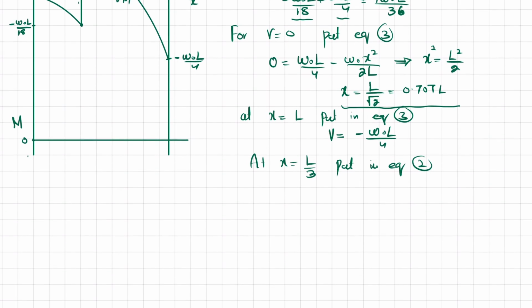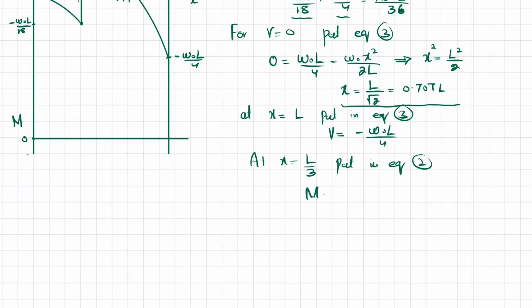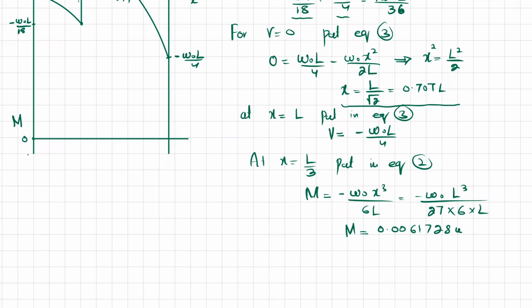So you will get moment is equal to minus W naught, the equation 2 is this one. So we will put minus W naught L cube over 3 is 27 into 6 multiplied by L. And if you further simplify at the end, you will get 0.006178 W naught L square.